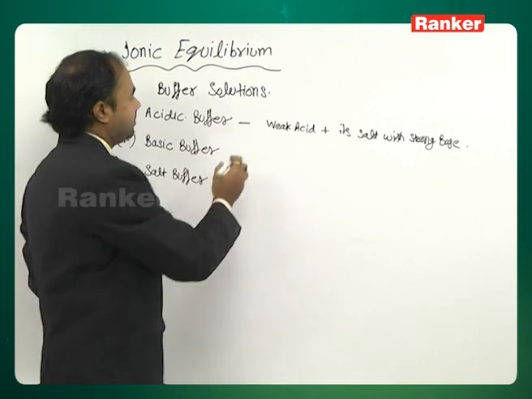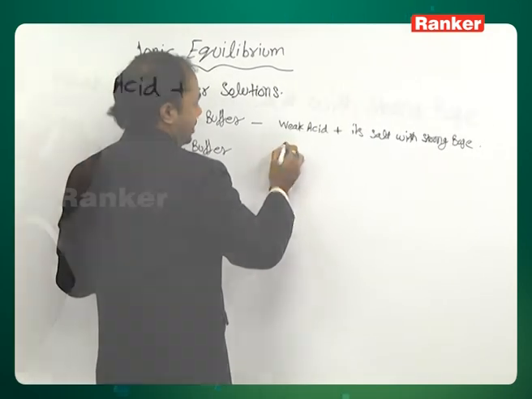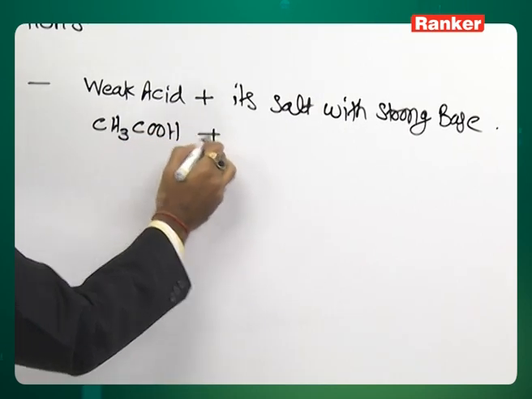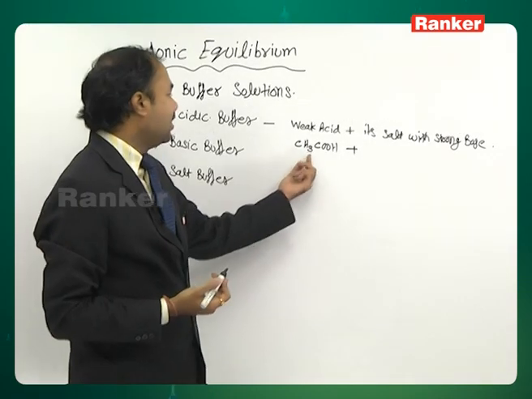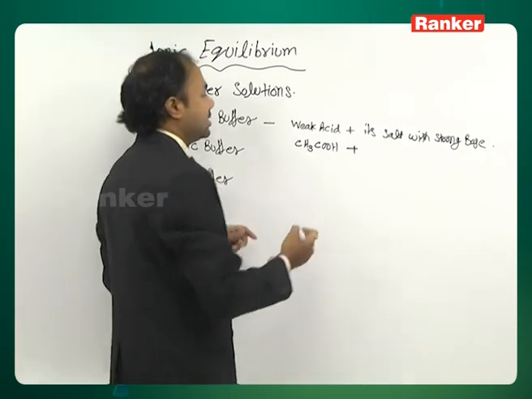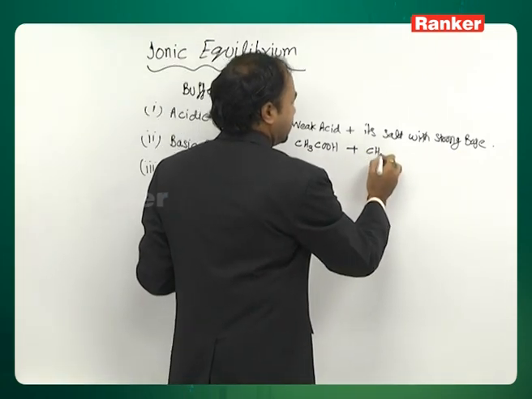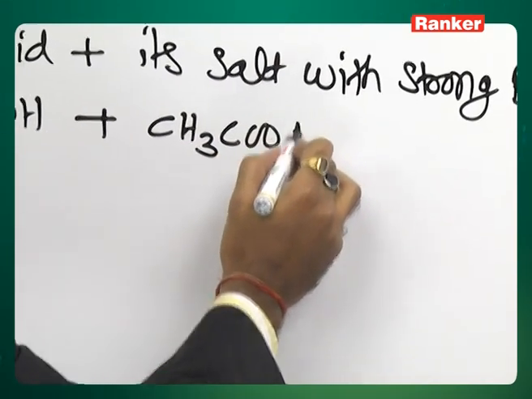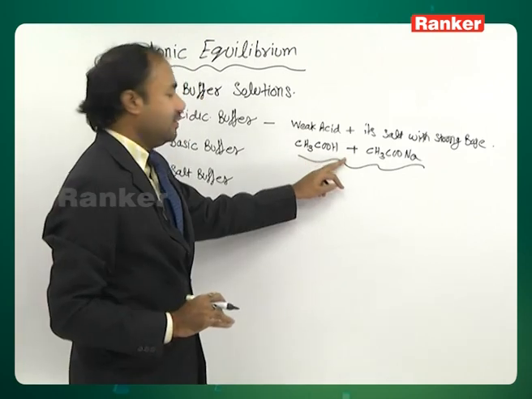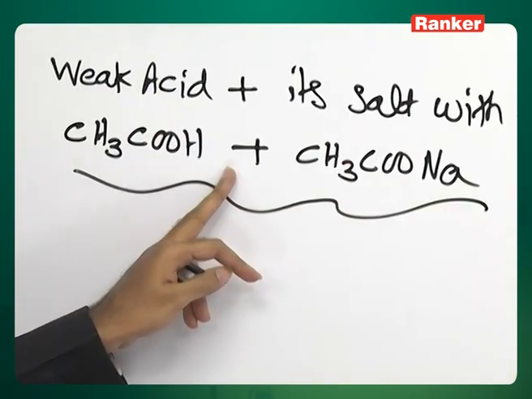Example we will pick up here. We take weak acid as acetic acid. Its salt with a strong base will be, we treat it with sodium hydroxide. So we get sodium acetate, CH3COONa. This mixture is going to behave as an acidic buffer, right?